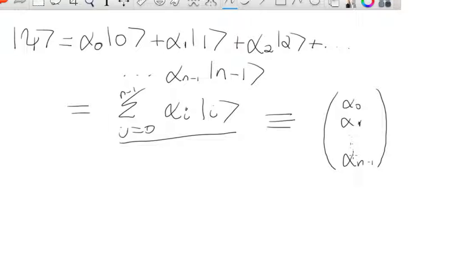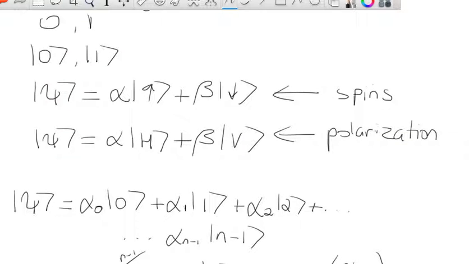Note that when two vectors are orthogonal, physically it means that the corresponding physical states which the kets represent can be fully distinguishable. So let's go back here, scroll up a little bit and see what I mean by that. So before we talked about electron spins and polarizations.